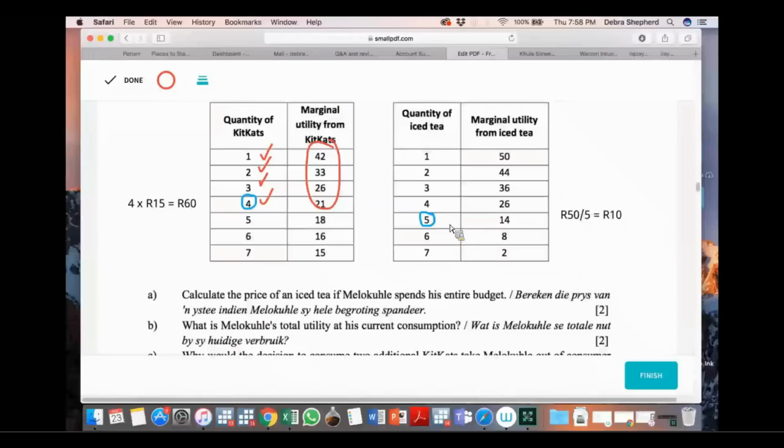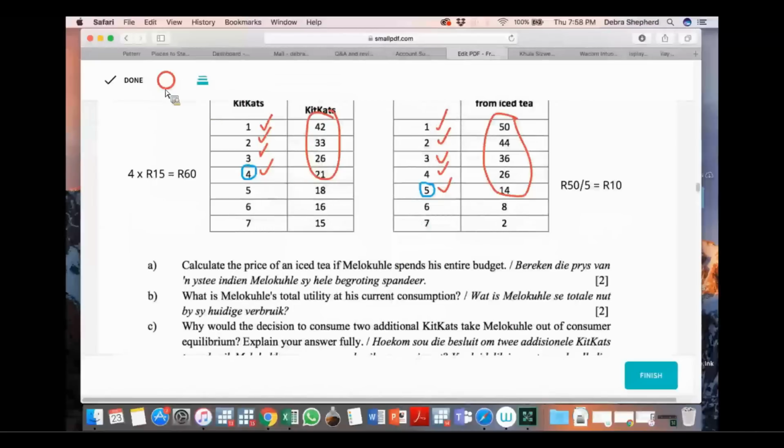To get to 5 iced teas, the same applies. He would have had to drink the first one, the second one, the third one, the fourth one, the fifth one. So his total utility from iced tea are all those values added up together. So total utility is basically all those marginal utilities added up.